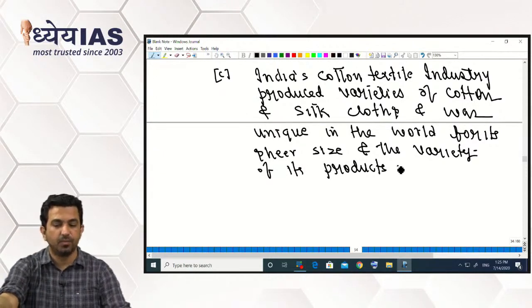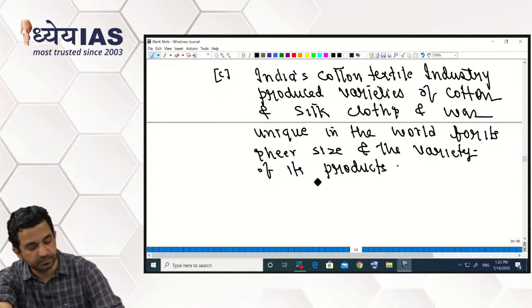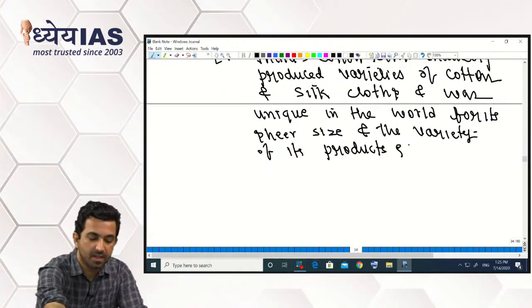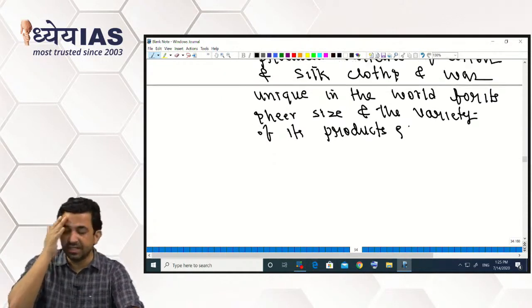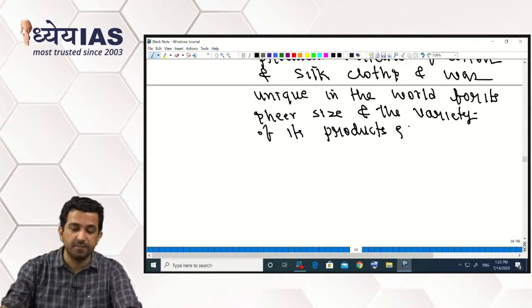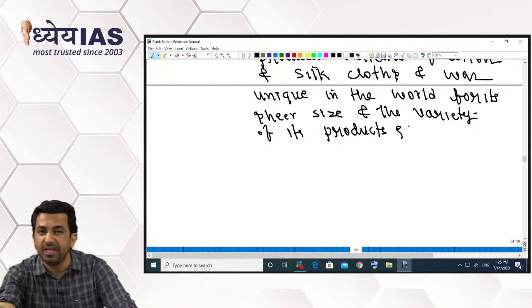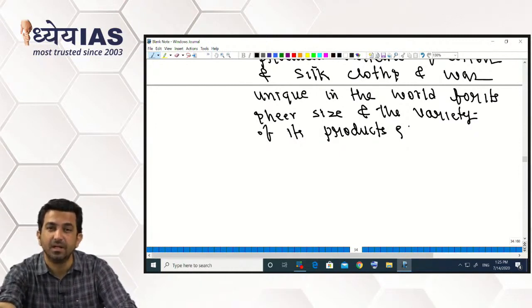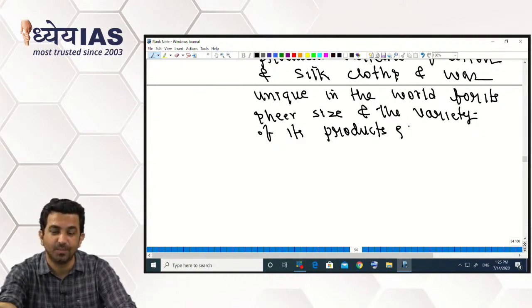Variety of its products. For example, Dhaka, now in Bangladesh. Dhaka was famous for a very fine quality of cloth called muslin, malmal, malmal का कुर्ता, मलमल का कपड़ा, ठीक है ना?